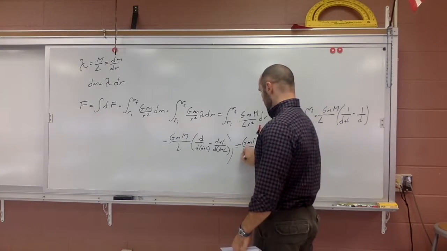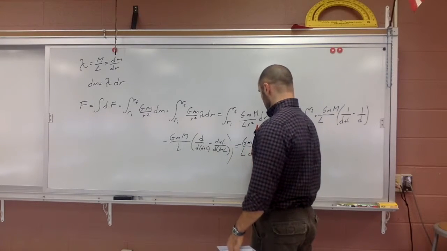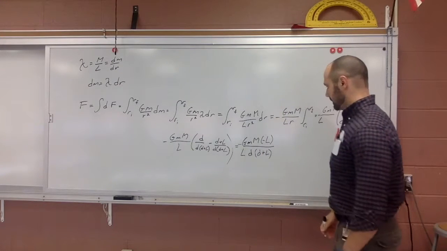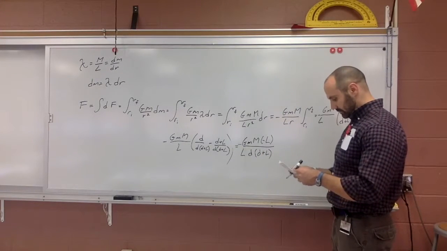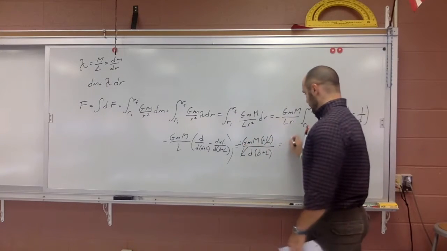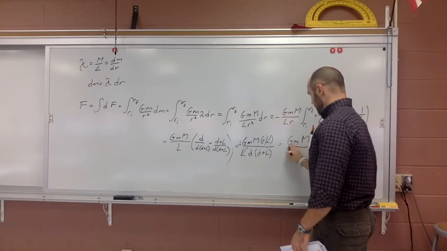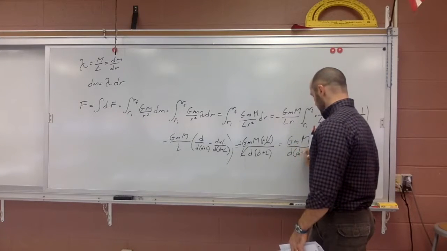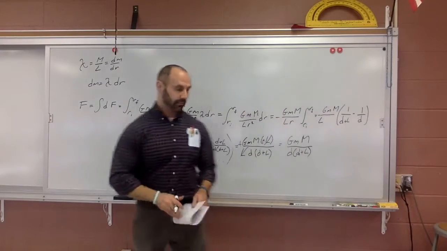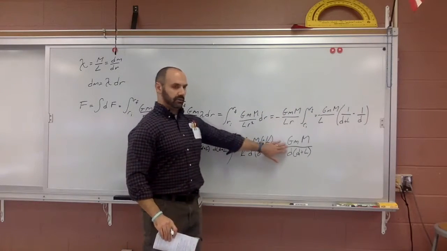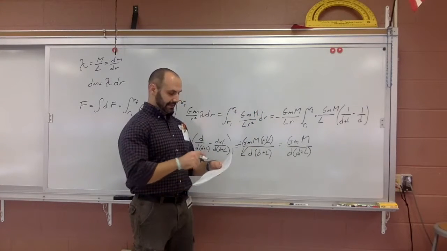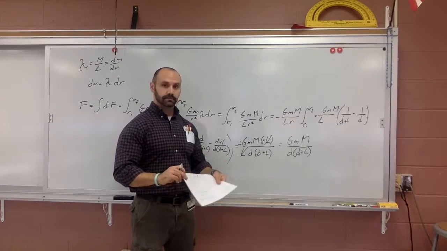Over L times D plus L. Those L's cancel out, the negatives cancel out, and I'm left with GMM over D times D plus L. And so that now is the formula for the gravitational force on the point mass due to the rod where it is in line with the rod.